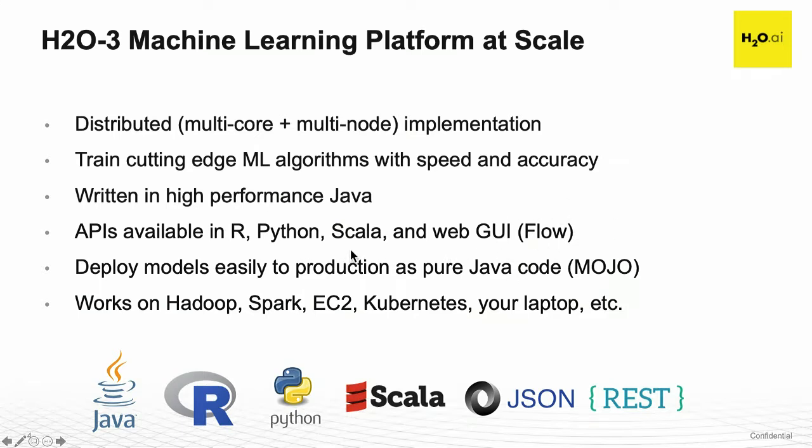So you can interact with it according to your coding preferences, if you will, and still build models on big data at scale. And the ease of deployment for H2O models really comes out best in class because of the MOJOs. This is something I'll talk you through as well to put these models in production. So deploying these models wherever you build them is really, really easy.